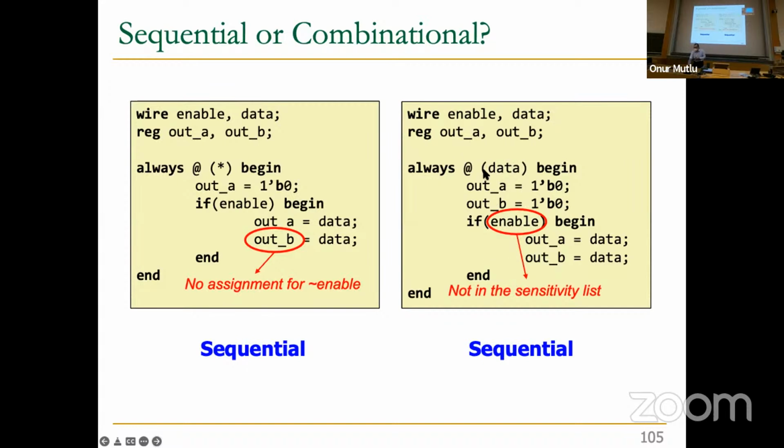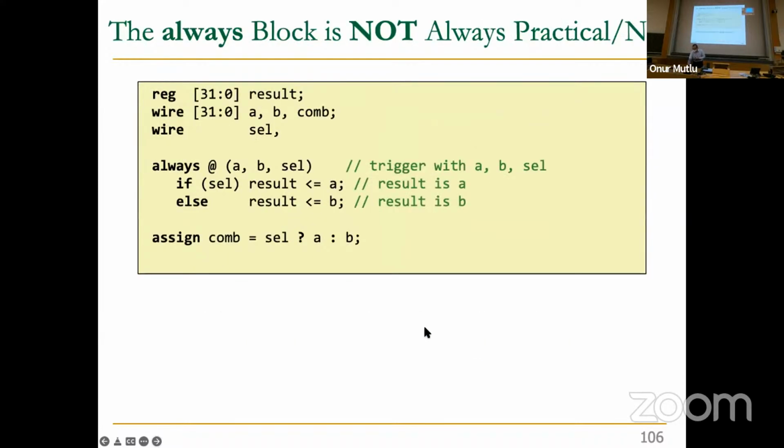Basically every input signal should be in the sensitivity list. Okay, very good. So you can actually have fun with this, and we actually asked some questions in the exam also related to this sort of relatively easy things, but this tests basically whether you've kind of done the labs in a sense.